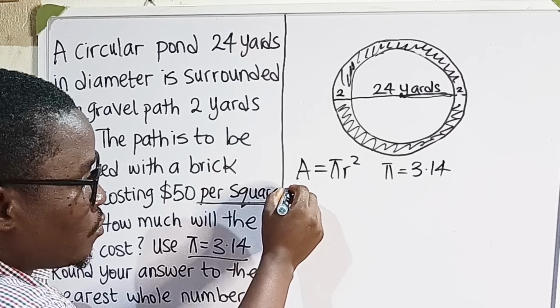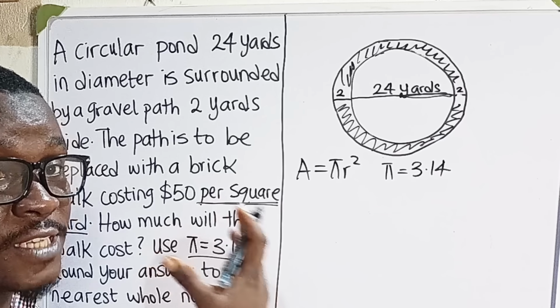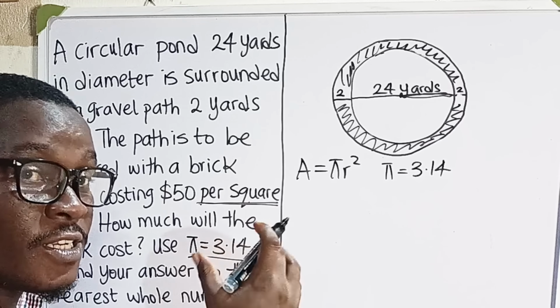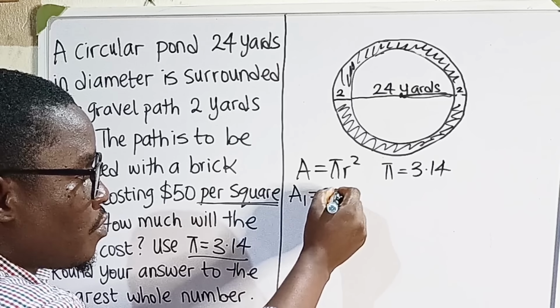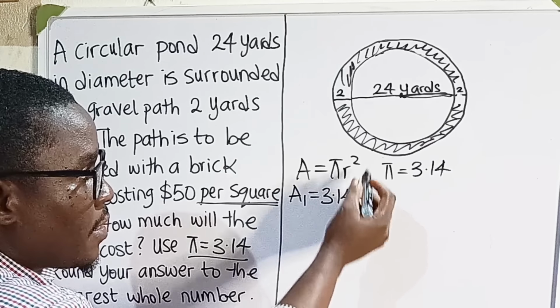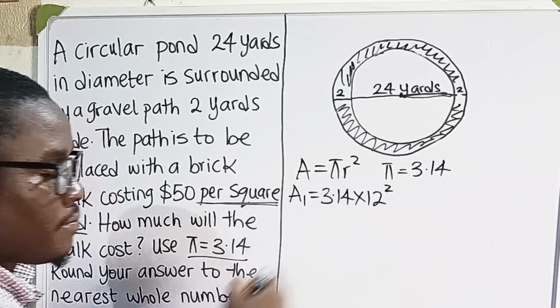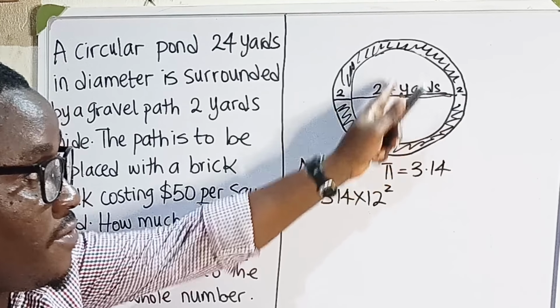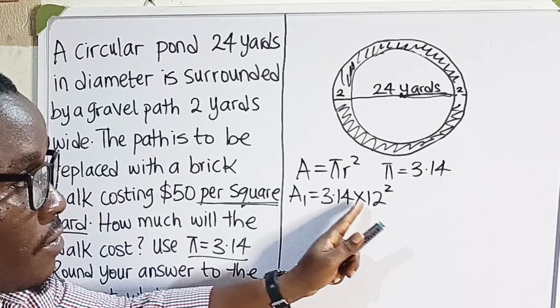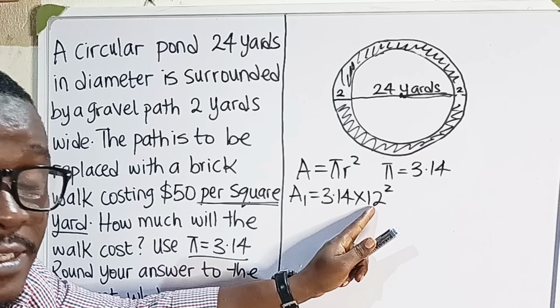So let's call the smaller circle circle 1. Therefore, its area will be area 1. So area 1 is equal to 3.14 multiplied by 12 squared. Hope you know how we got 12. The total diameter of the small circle divided by 2. So that gives us 12. So the radius is 12, half of the diameter.